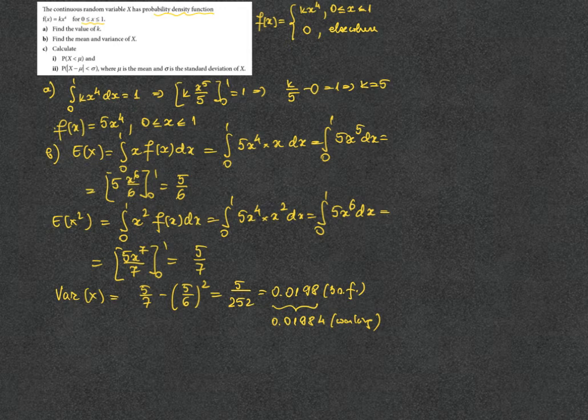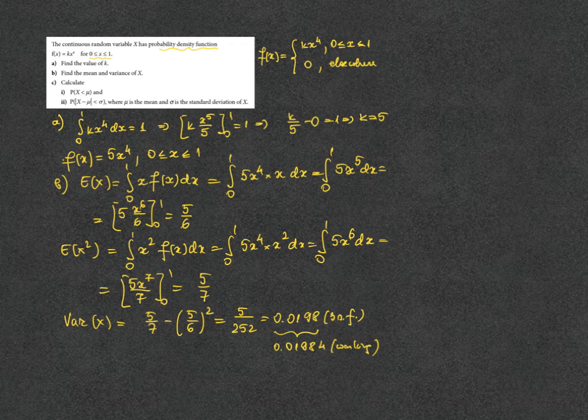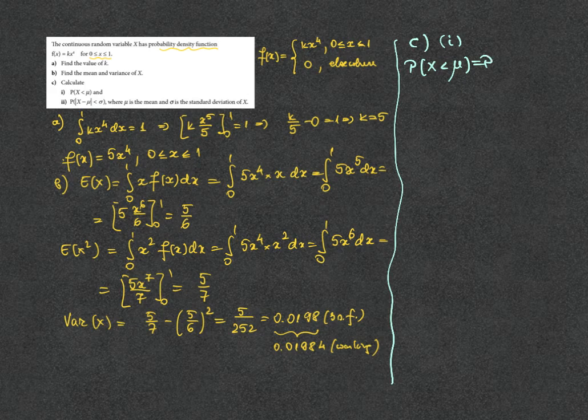Let's look at question C here. Question C says, C(i), find the probability of X smaller than mu. And that's the probability of X smaller than, if I look at mu, it's 5/6, or the expected value.